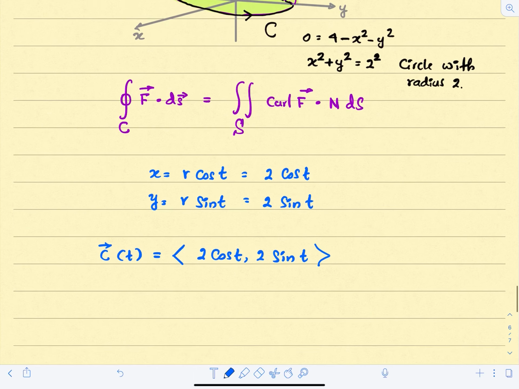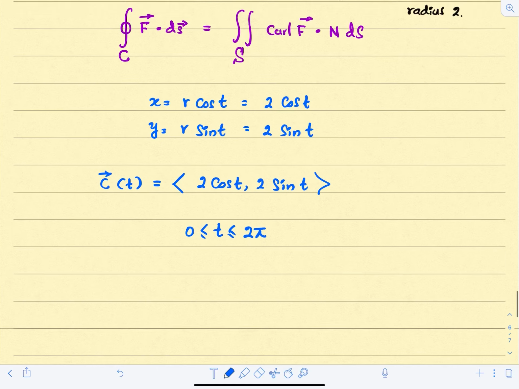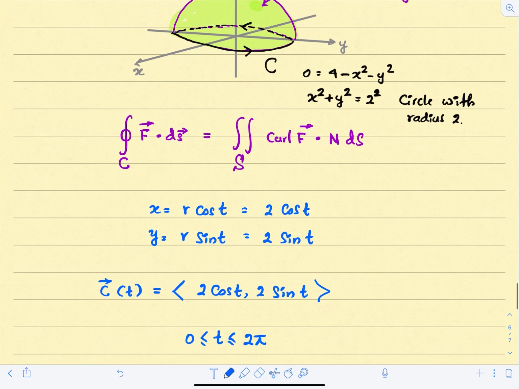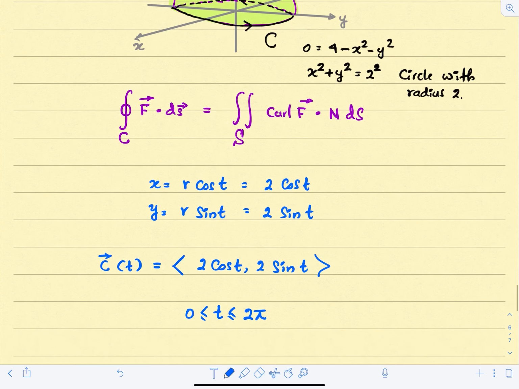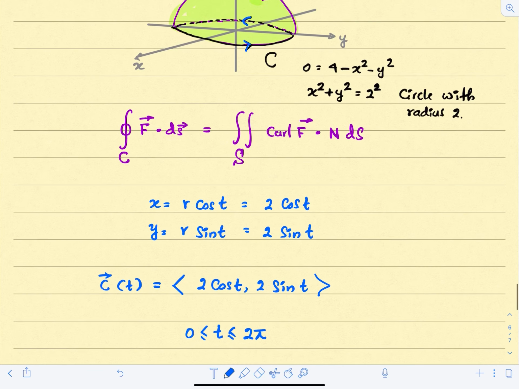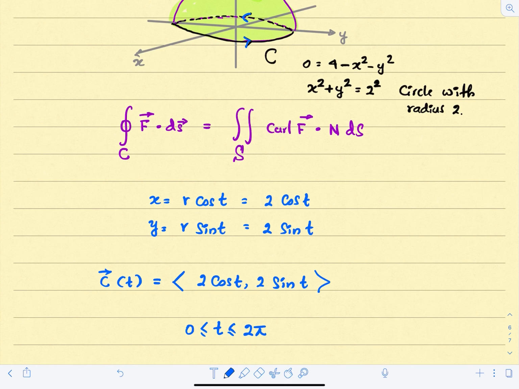And now let's find the limits for t. t goes from 0 to 2 pi. If t equals 0, you will get 2 comma 0, and then when you increase t, your curve will traverse in the counterclockwise direction. The direction is very important, because we need a positively oriented curve that is traversed in the counterclockwise direction.